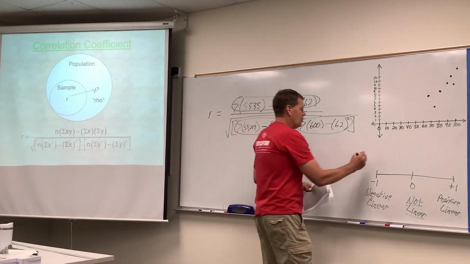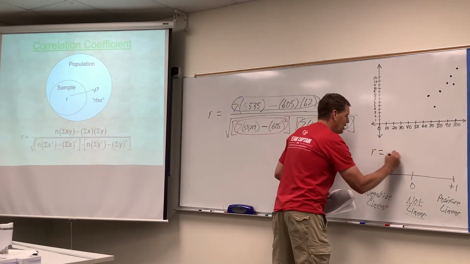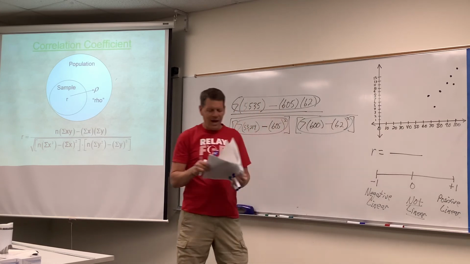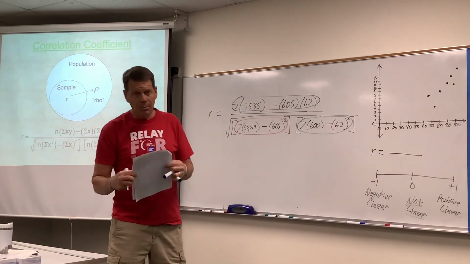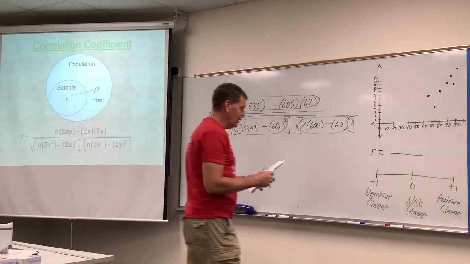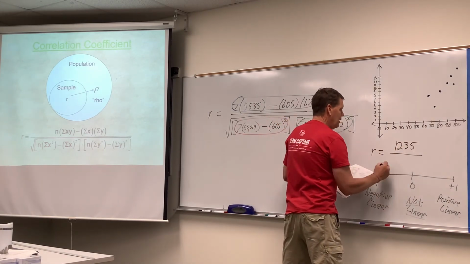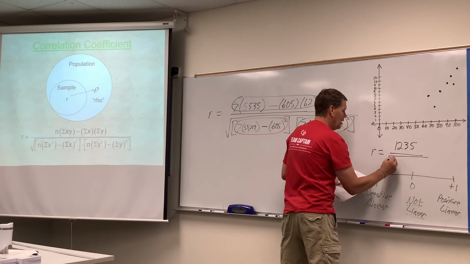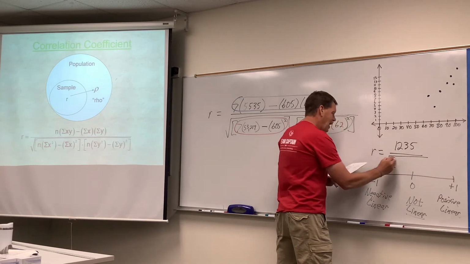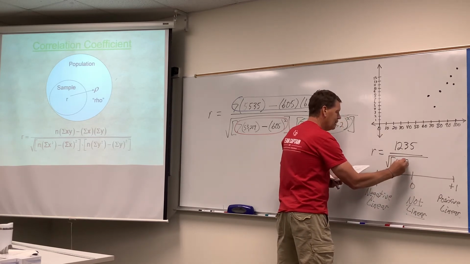So, turns out that R would equal, and here's what I got when I did the math ahead of time. Hit pause, do it, I don't care. The numerator is 1235. The denominator would be square root, and then bracket number 1, I got 6508.